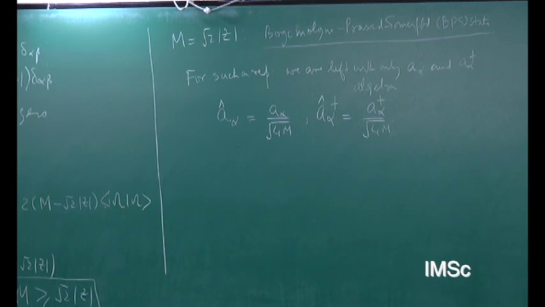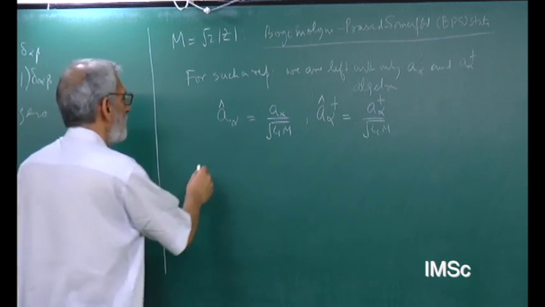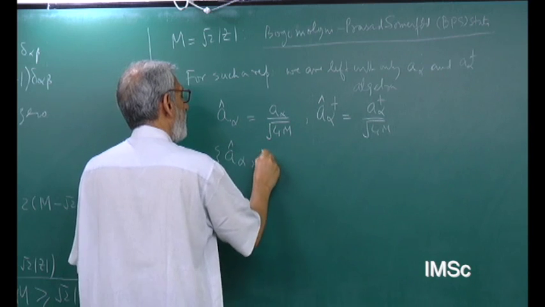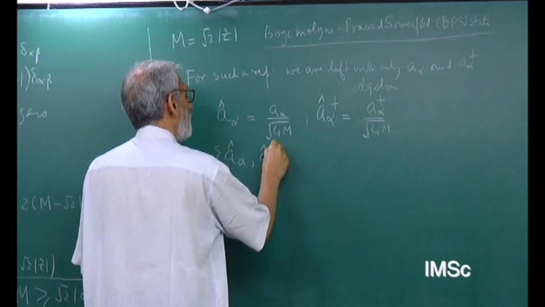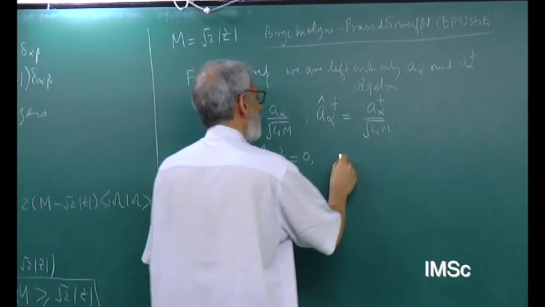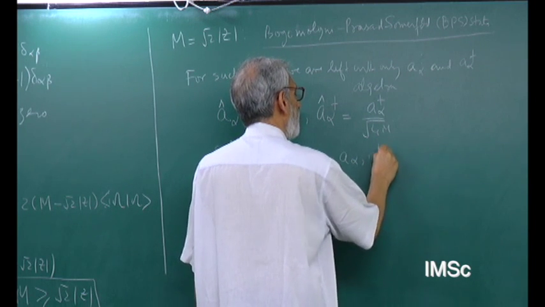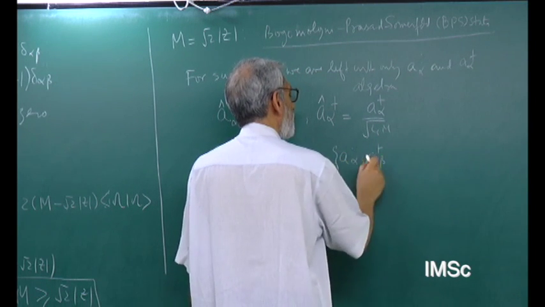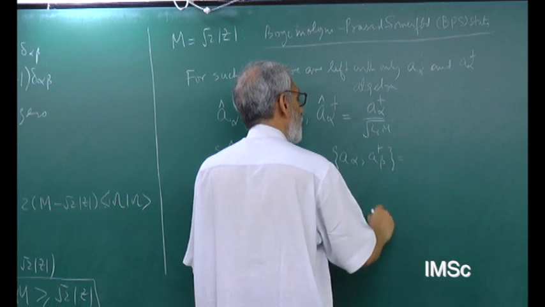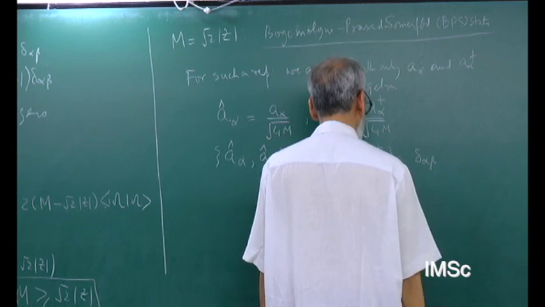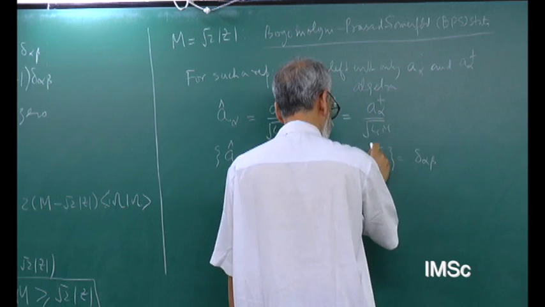When they are equal, this is 2m times 2, which is 4m. So that scales out. Then the algebra takes the form: A alpha hat, A beta hat anticommutator is 0, and A alpha hat, A beta dagger hat anticommutator is delta alpha beta.